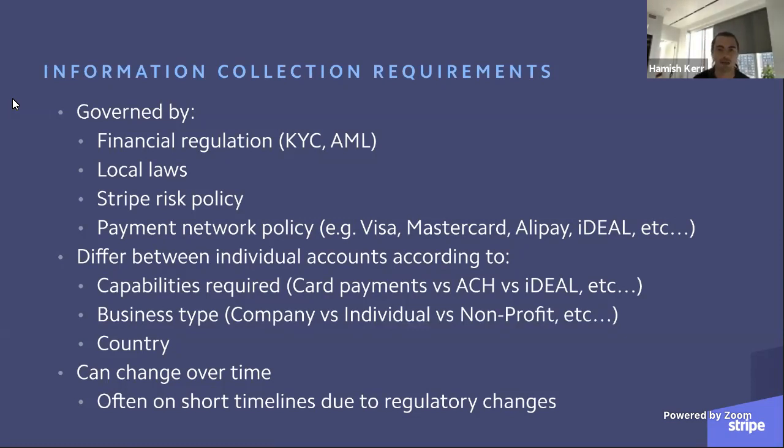And of course, it varies by country. In the US, we may require an SSN for an individual onboarding, but there is no SSN in other regions, and so we need something analogous to that, or there may be other regulations that require more or less information. And the last thing I wanted to mention here is that these requirements can and do change over time.